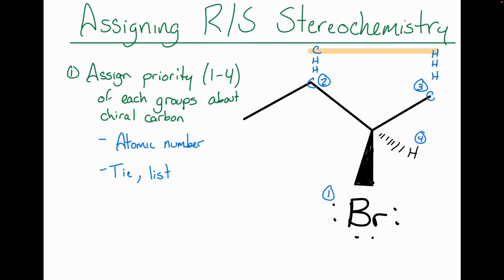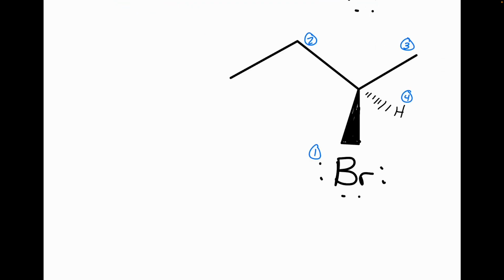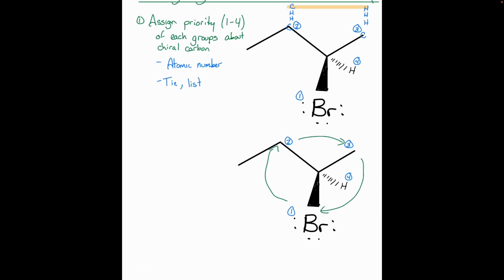All right. Let me move away from all of these markings so we can make this a little bit more clear. Remember now we're going to connect 1 to 2, 2 to 3, and 3 back to 1. That's step 2 here.